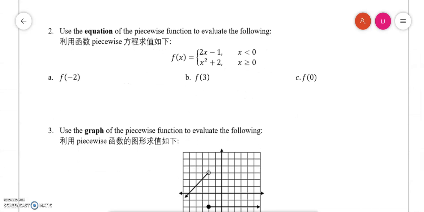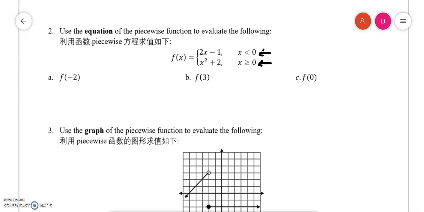All right, so remember, we are evaluating a piecewise function. First thing we need to check is where does the number that we're evaluating fit into the domain? So in A, we have f of negative 2. That means x is negative 2. So should we be looking at the top part of the piecewise or the bottom part of this piecewise?